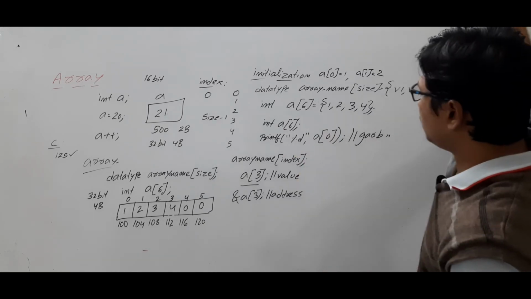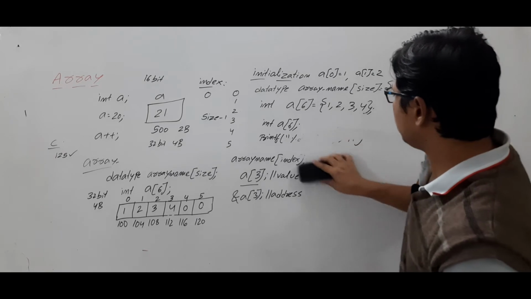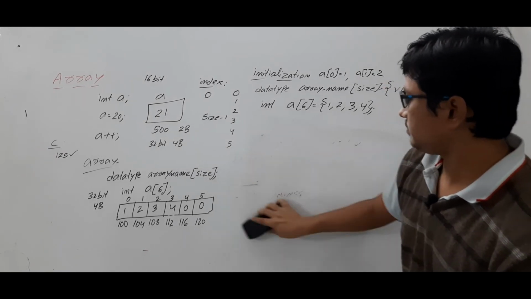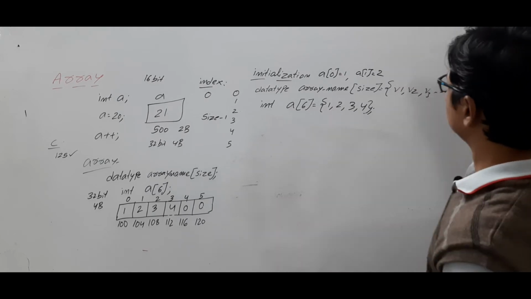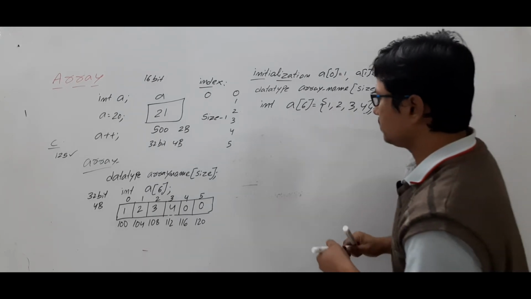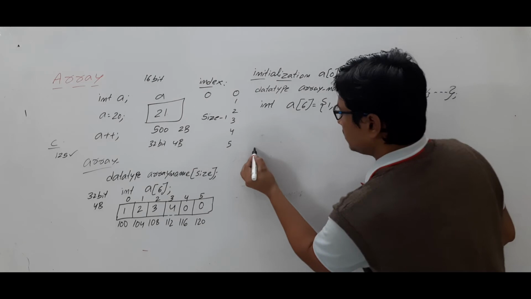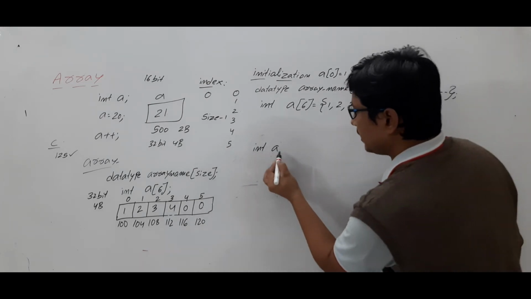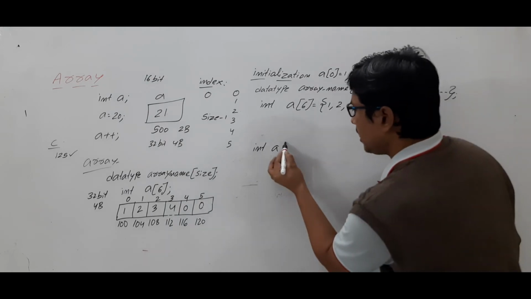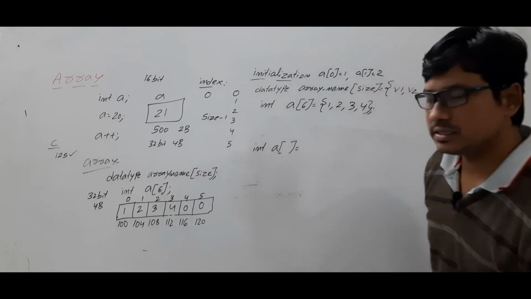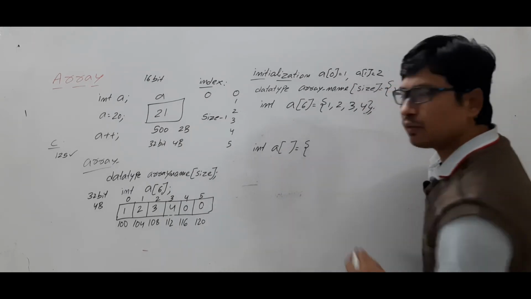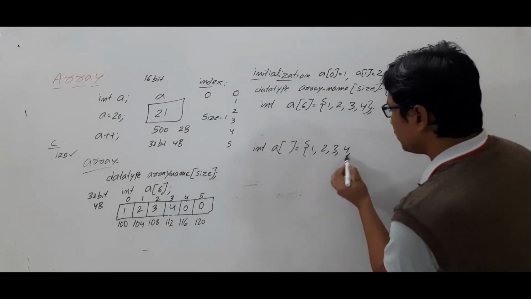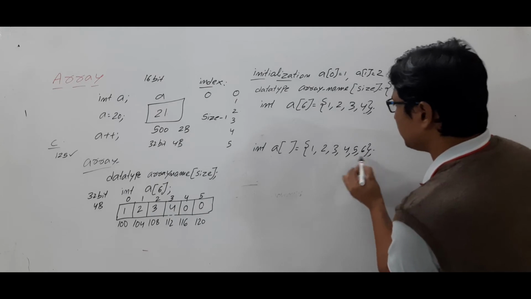Now let me discuss another way of initializing. You can even write int, the array name, and without specifying the size, you can assign the values such as 1, 2, 3, 4, 5, 6, like this I have assigned.